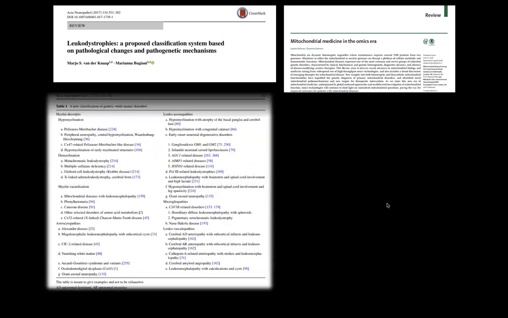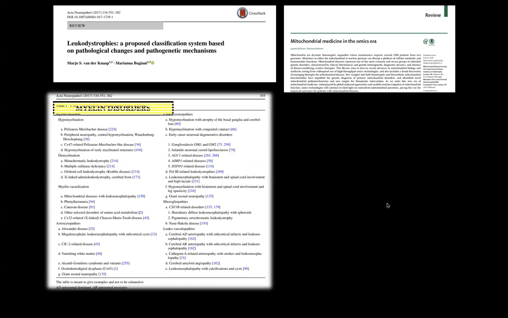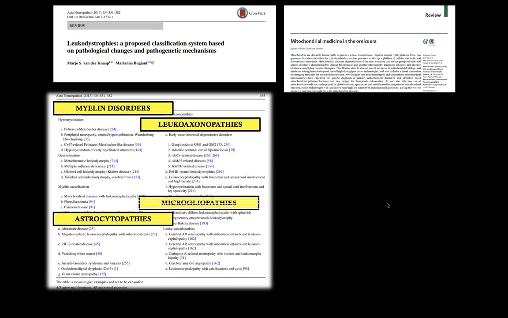They are no longer only myelin disorders, but they actually involve astrocytopathies, leukoaxonopathies, microgliopathy, so microglia, and also leukovasculopathy. In other words, leukodystrophies can primarily be due to any of the components of the cerebral white matter, including the vessels. So not only the myelin.